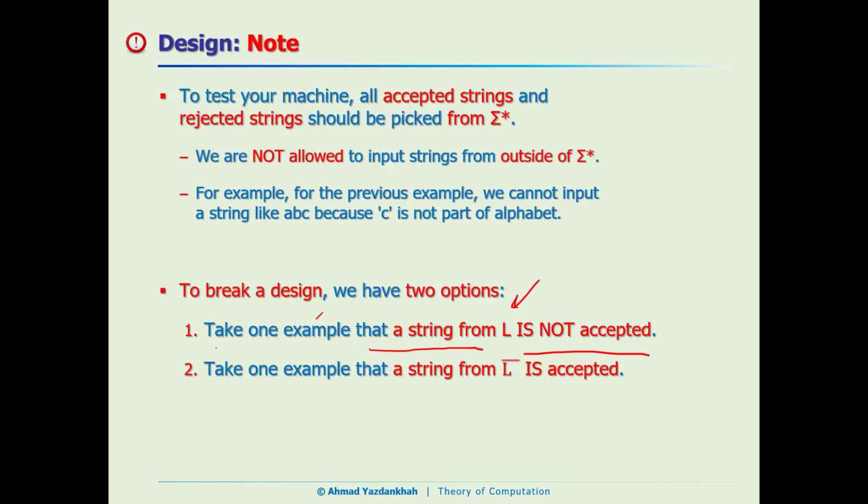But the second option is if you find one string from L bar that is not rejected, or let's say one string from the L bar that is accepted. If this is the case, again, your design will break.